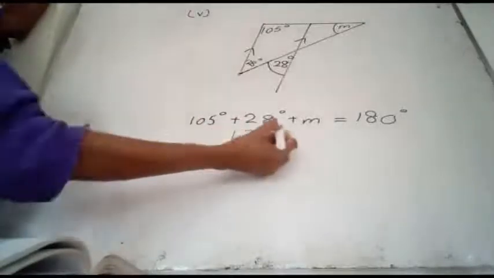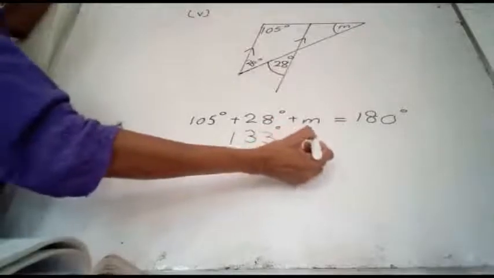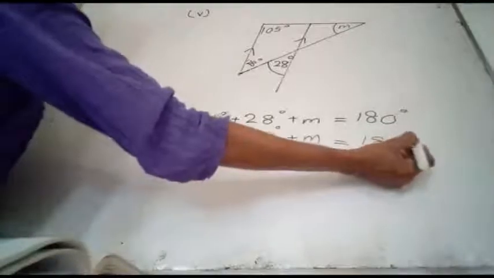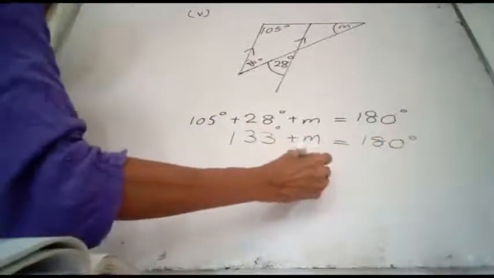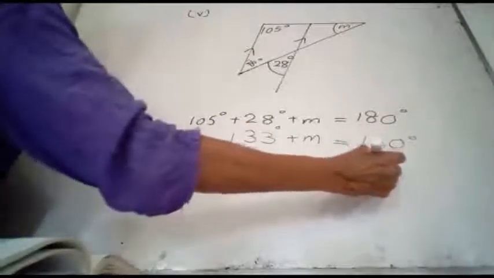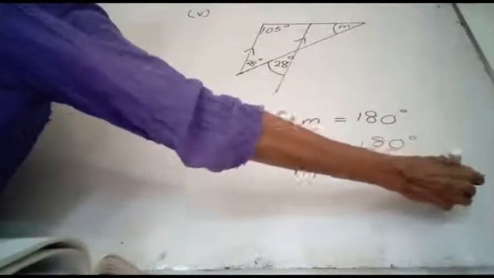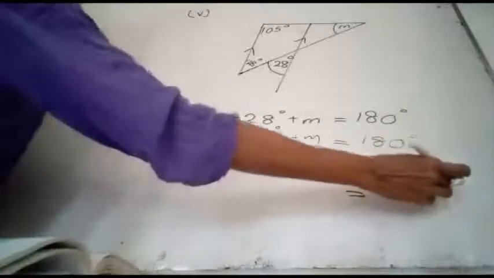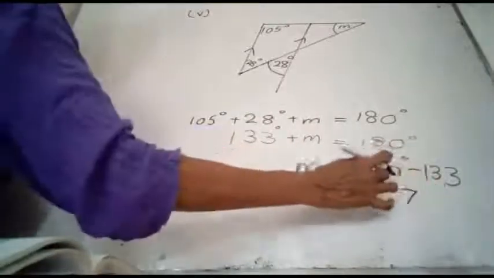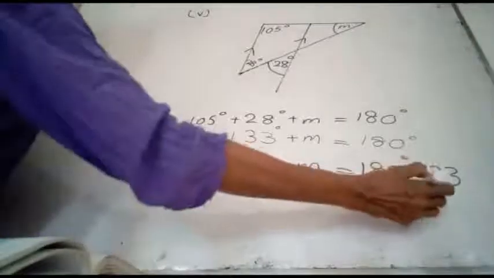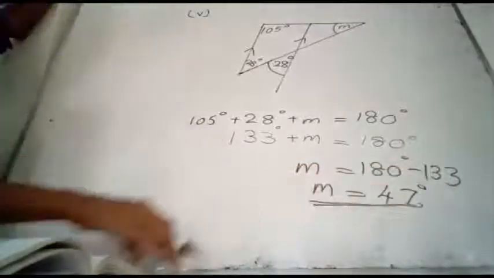Here 133 plus M is equal to 180. M is equal to 180 subtract 133. 10 subtract 3, 7. 7 subtract 3, 4. M is equal to 47 degrees.